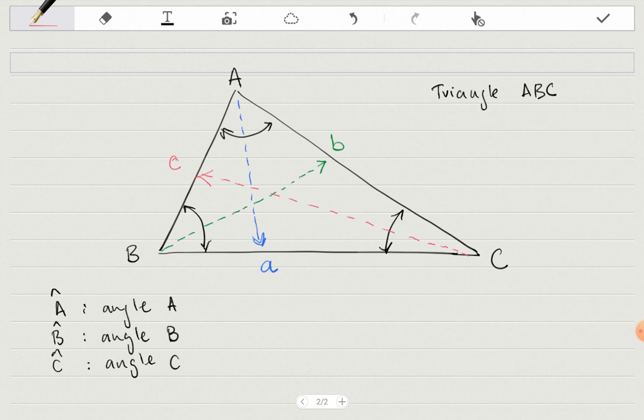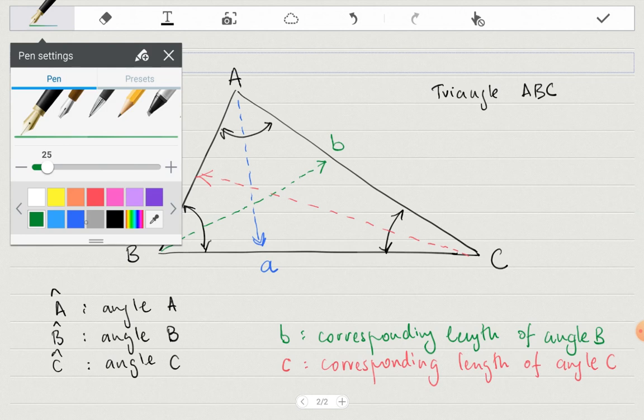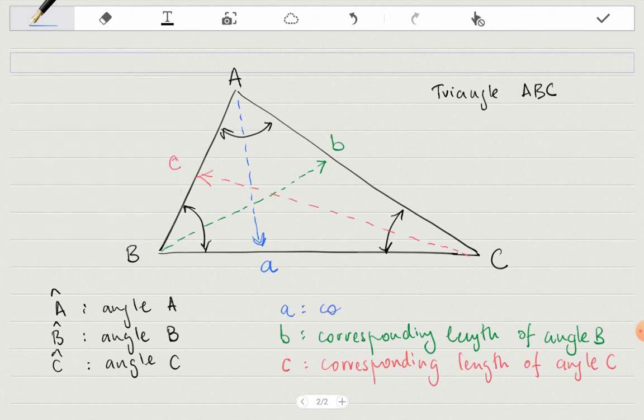So little c will be the corresponding length of angle C. Little b, in green, will be the corresponding length of angle B. And little a would be the corresponding length of angle A. We're all good with that.